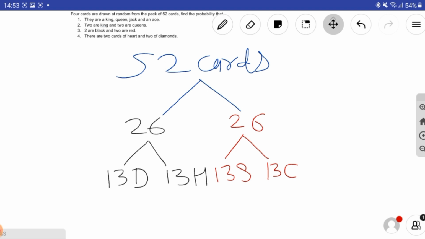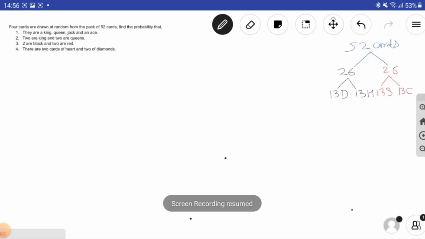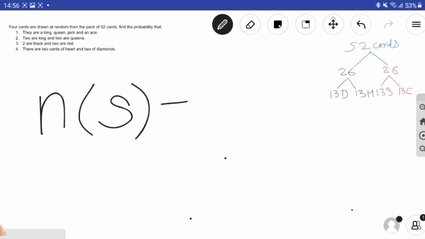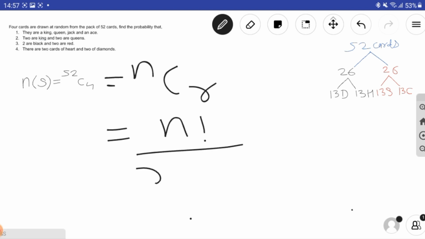Now we have to calculate n of S. We have to draw 4 cards from the pack of 52 cards, so our n of S is 52C4. There is a formula from combination, that is nCr is equal to n factorial upon r factorial into n minus r factorial.